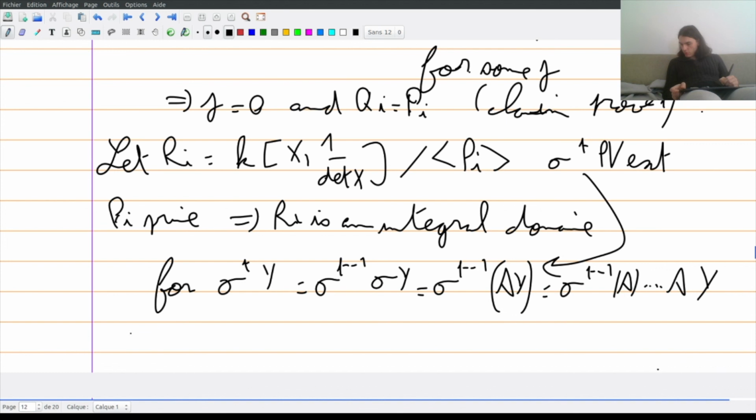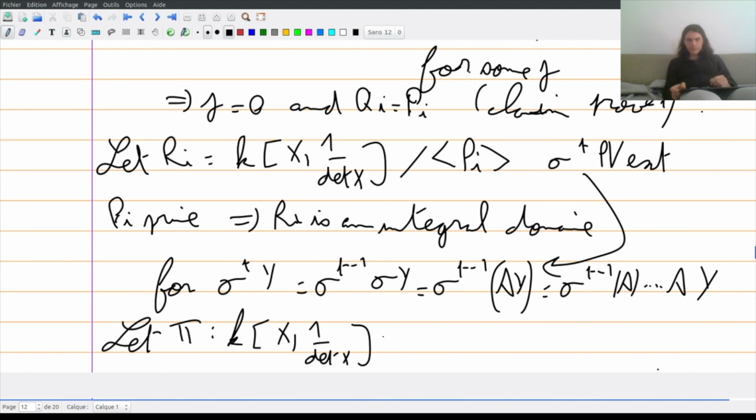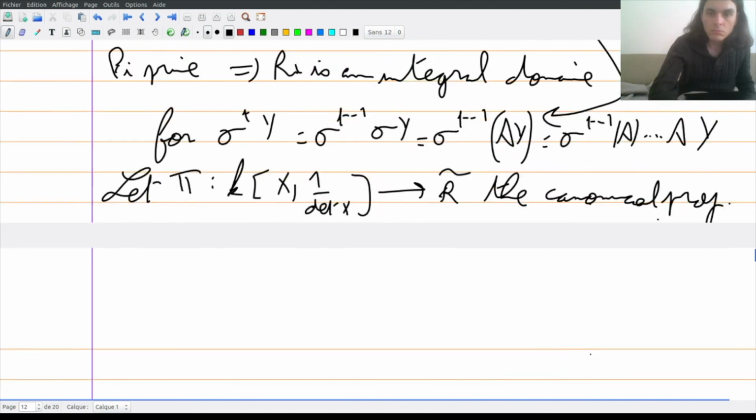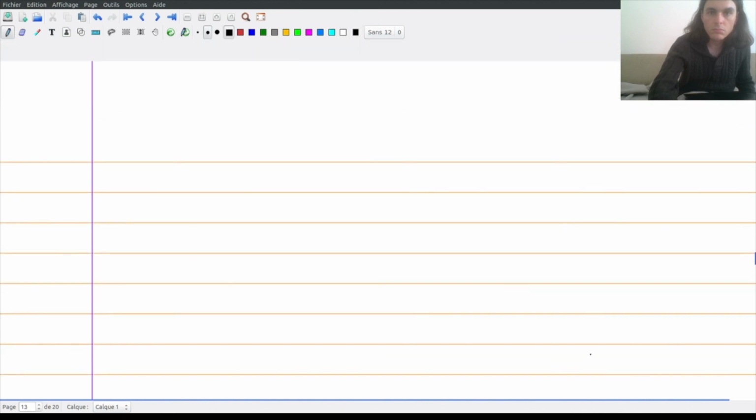So now it remains to prove that they are in direct sum, and we will almost finish. So I consider Pi the canonical projection, with kernel I, of course.